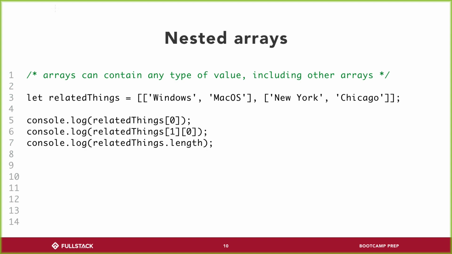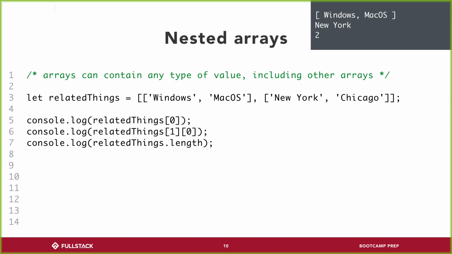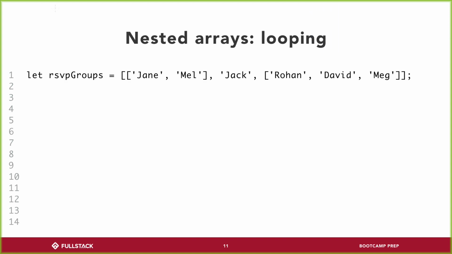What would be the length of related things? Yep, just 2 elements. And each of those elements also has a length. That would be 2. So does anyone want to guess how we could access each string in this?